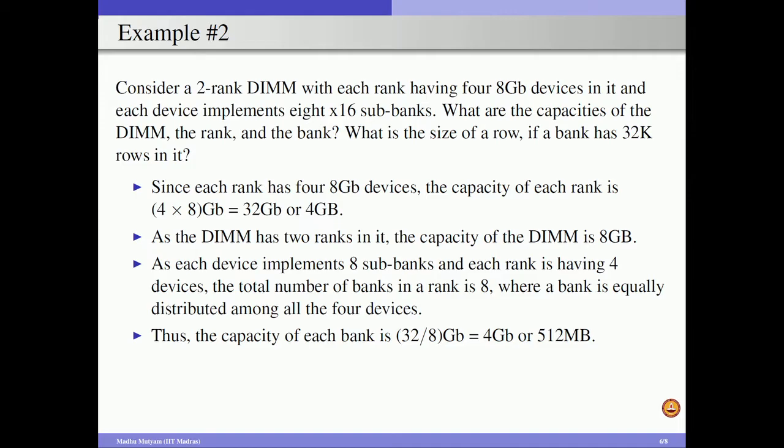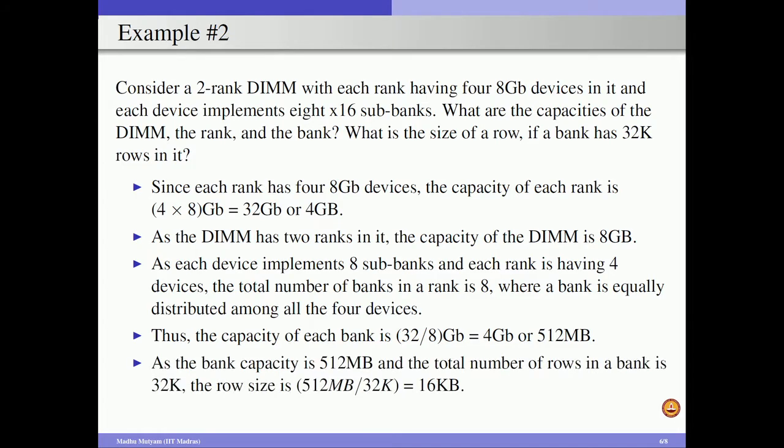And finally, we know that the bank capacity is 512 megabytes and the total number of rows in a bank is 32k. The row size is 16 KB. The typical size of a row in current DRAM memories is 1 KB, 2 KB, and it can be up to 8 KB.